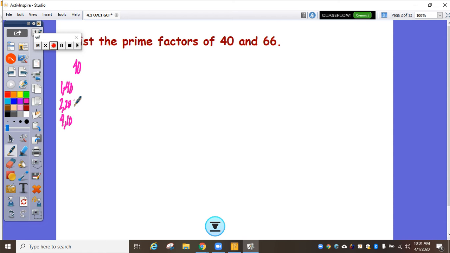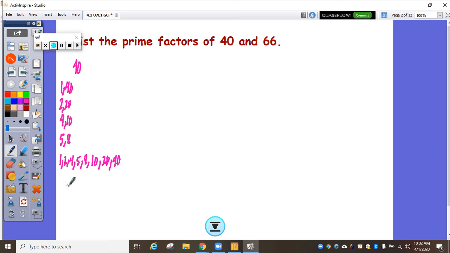Does 5 go into 40? Yes, 5 and 8. Does 6 go into 40? No. Does 7 go into 40? No. Does 8 go into 40? Yes. We already got it. So these are going to be my factors right here. My factors are 1, 2, 4, 5, 8, 10, 20, and 40. Those are my factors of 40.